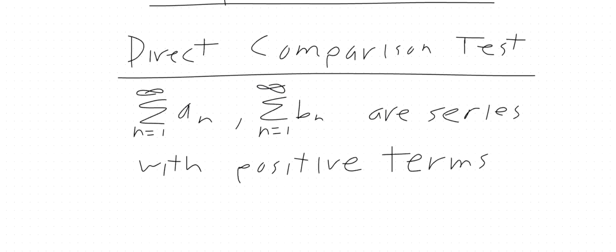Now, this can also be done if the terms are all negative, we can factor out a negative and do stuff there. But we're just going to stick with the positive ones for this. We'll worry about some negatives later on with other tests.